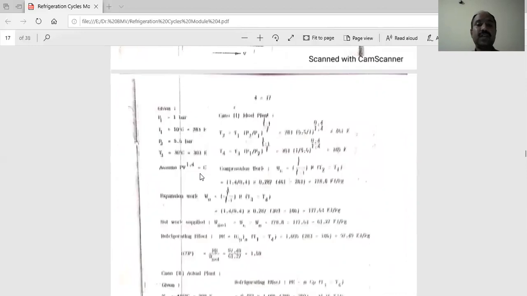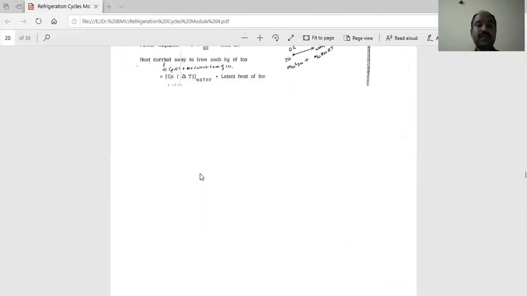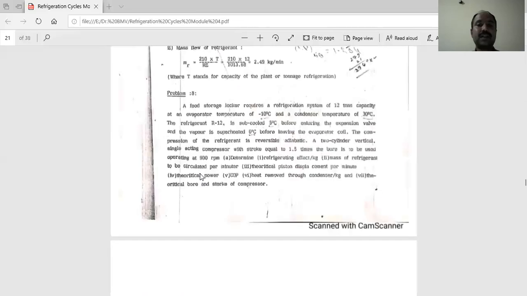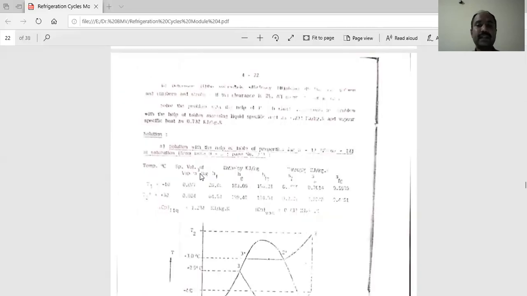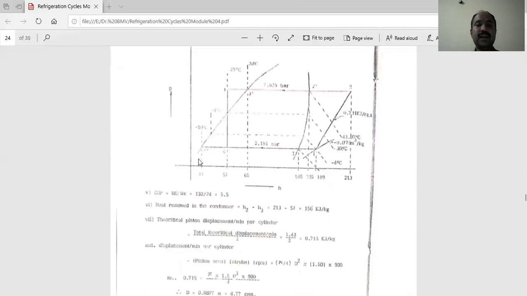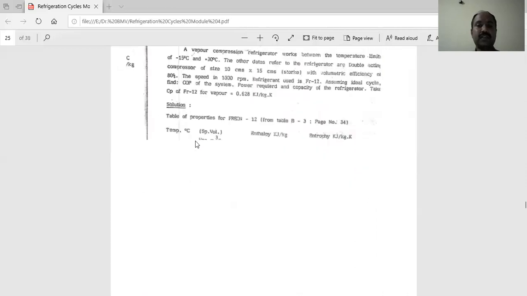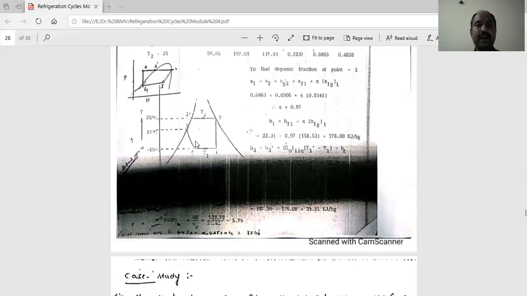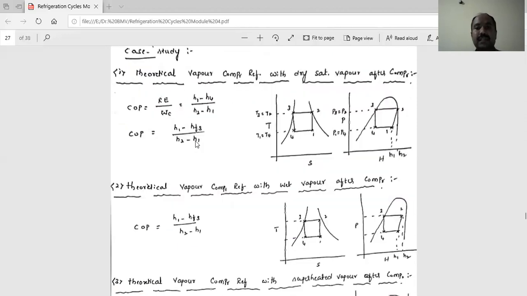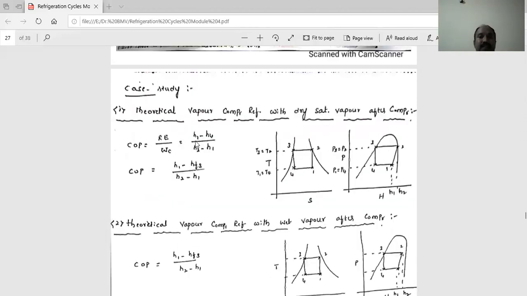We should know these concepts and how to write them here. Just wait, I will show it to you. These are the case studies. One by one I will discuss them and how to draw the TS and pH diagram.